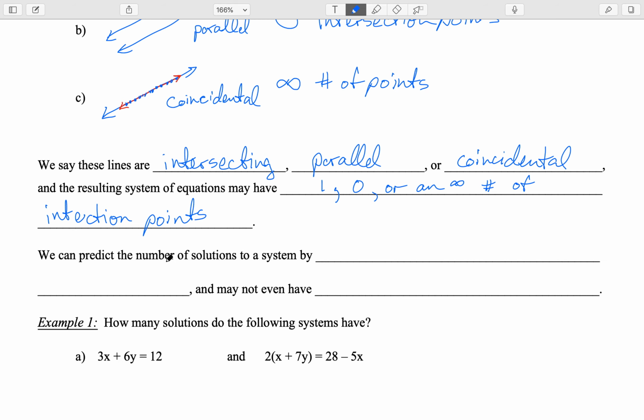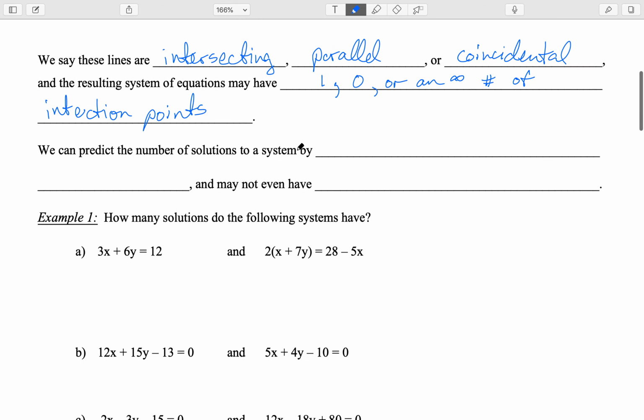Okay, so you can predict the number of solutions by simply looking at the slopes. The slopes of our two equations, in other words, the lines. Let's take a look at the slopes of the lines. And you may not even have to graph them.